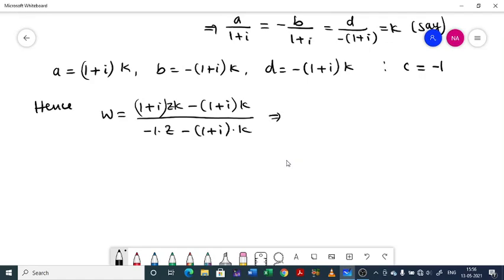So cancelling k on both sides, it will be 1 plus i into z minus of 1 plus i divided by minus z minus of 1 plus i.